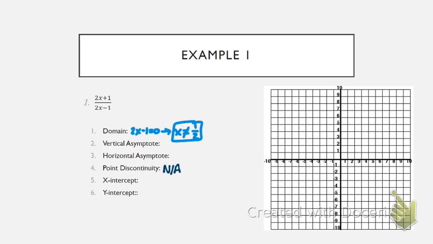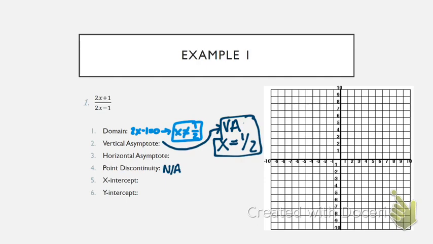Since I know that x cannot be 1/2, and I know that there's no hole or point of discontinuity, my vertical asymptote is x equals 1/2.